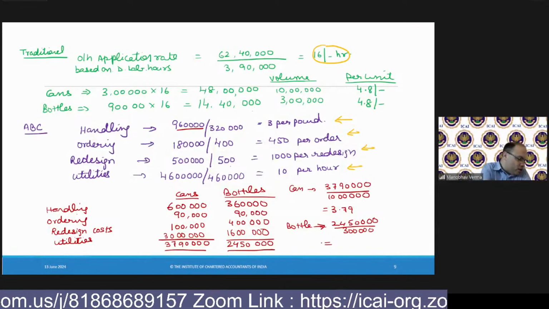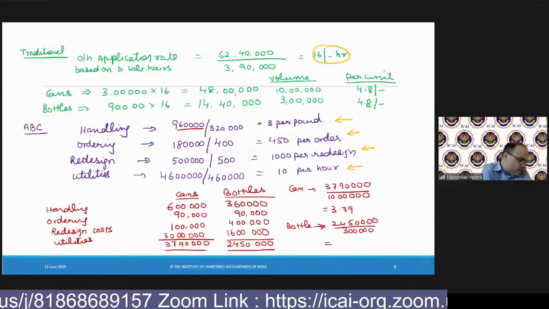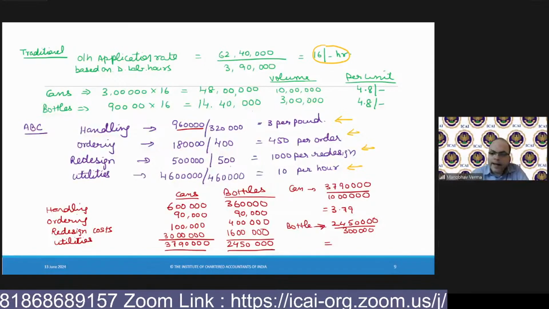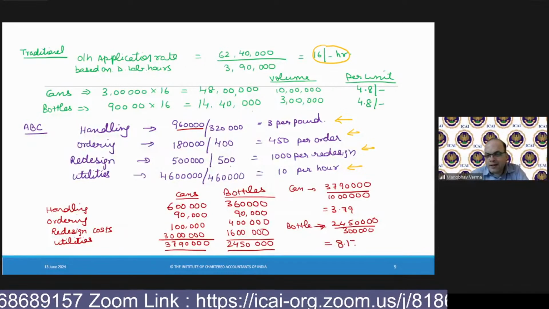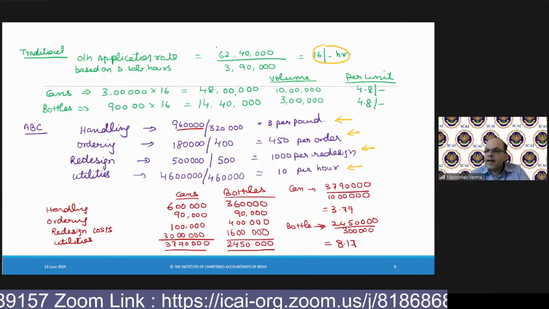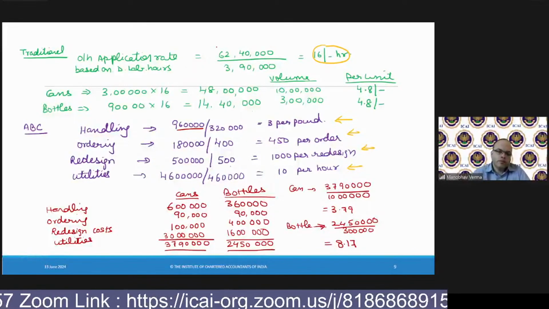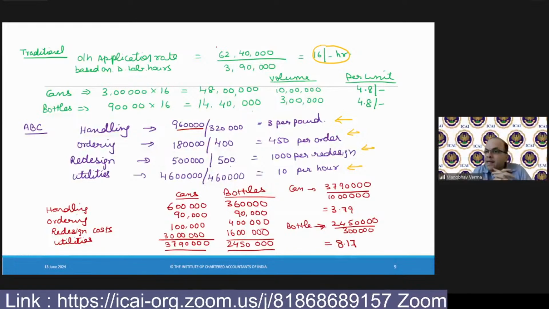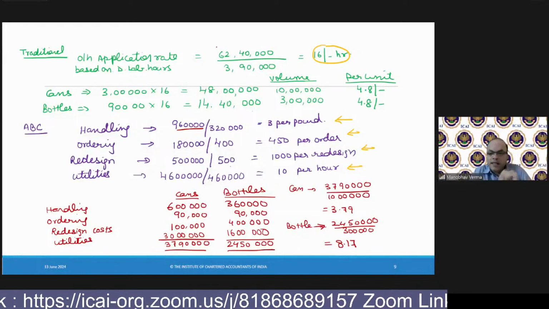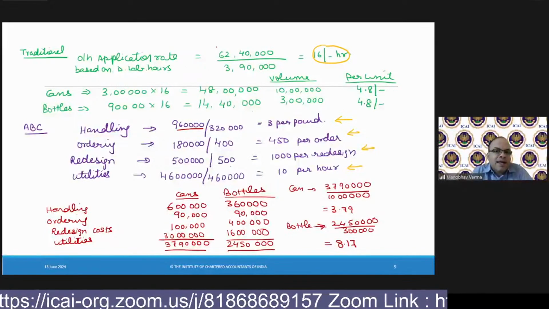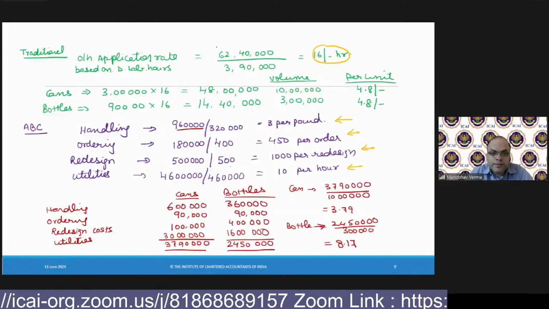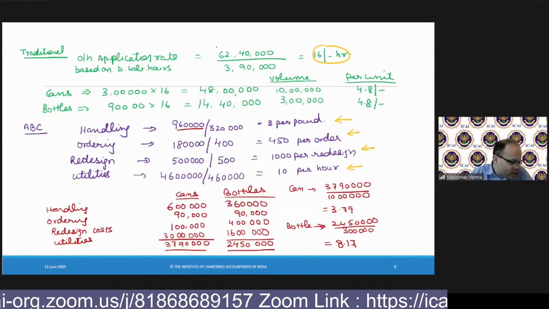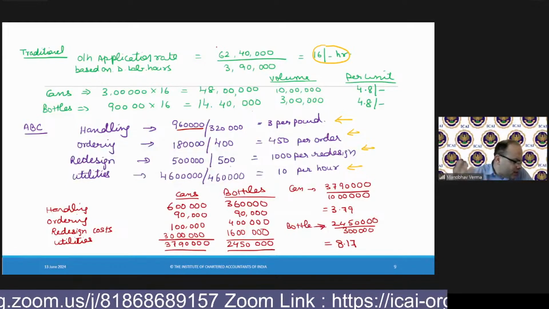So what we're getting here is 8.17. So overhead application based on ABC is 3.79 and 8.17 here. Hemant says 8.16. Yeah, I just rounded off 8.166 or 167.